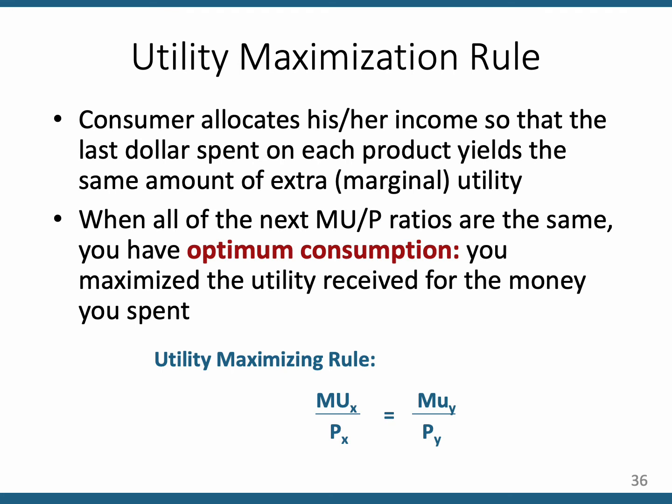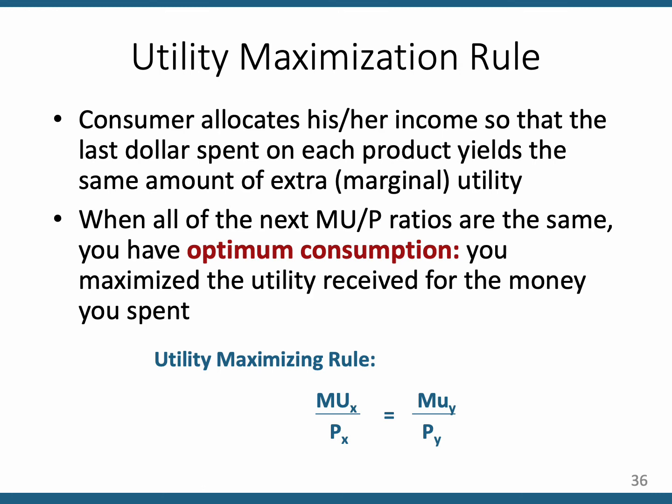In our simple model, the buyer is going to be buying just 2 products, some number of units of 2 products, spending all of your money on just 2 products. The utility maximization rule says that the consumer allocates his or her income so that the last dollar spent on each product yields the same amount of extra utility. So the marginal utility per dollar is the same for the 2 products.